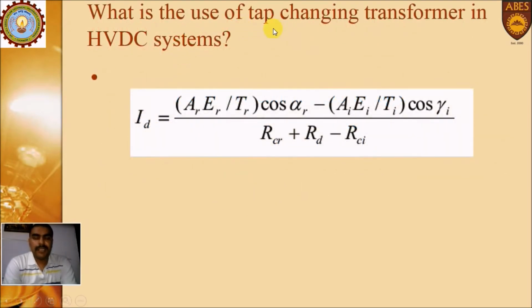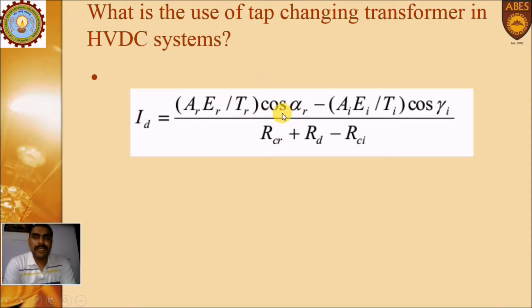Then, what is the use of the tap changing transformer in an HVDC system? We already discussed that the tap changer transformer is used to maintain constant voltage at the inverter terminal and constant current at the rectifier terminal.